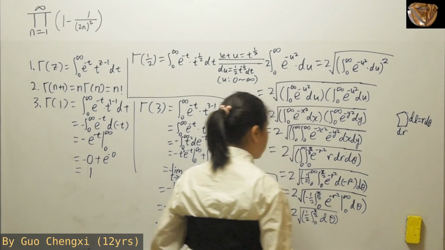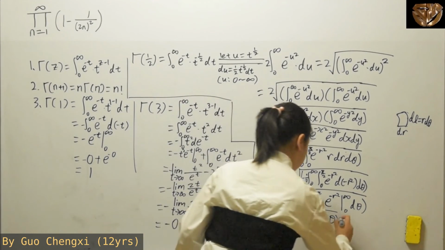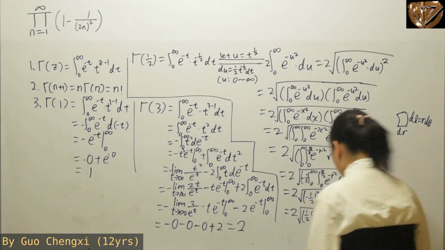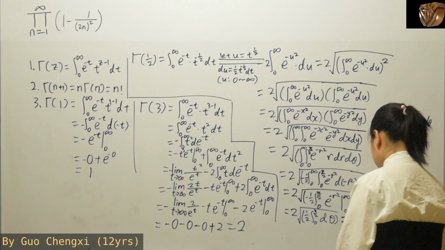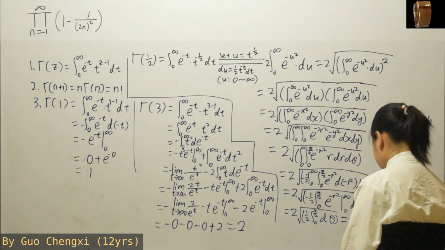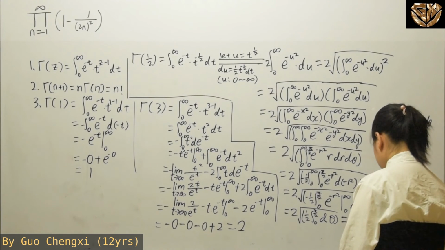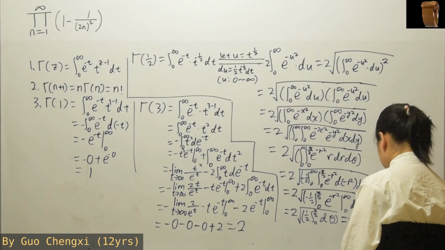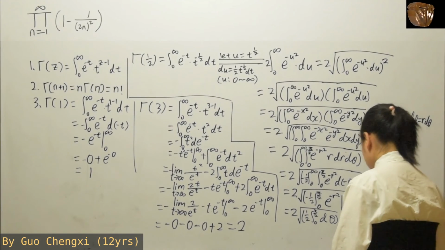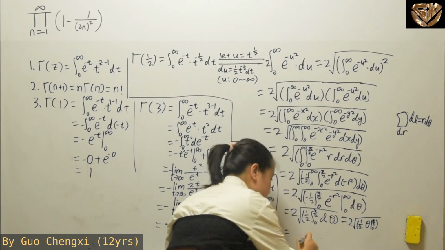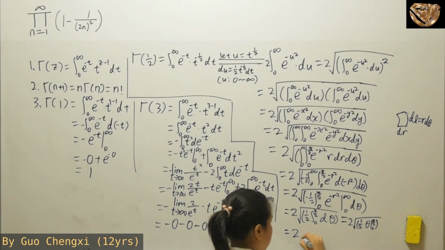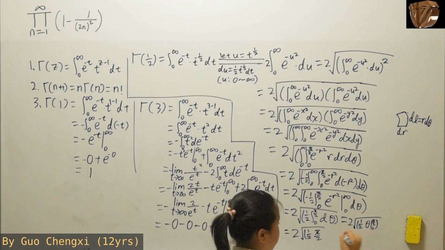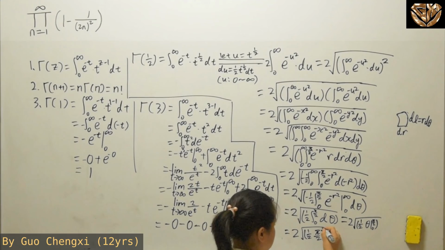Okay? Alright, so this is what you get, you can now straight up integrate it, and then after that, for this, what you have is 2 square root half pi over 2, because minus 0 will just be minus 0.